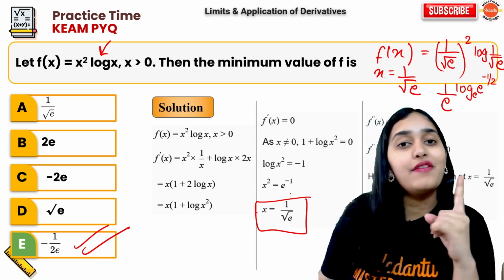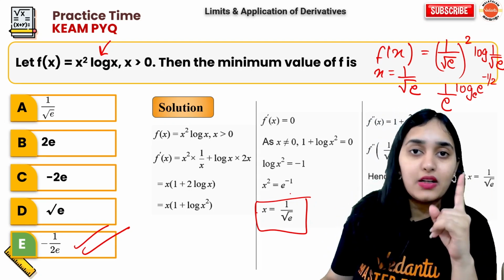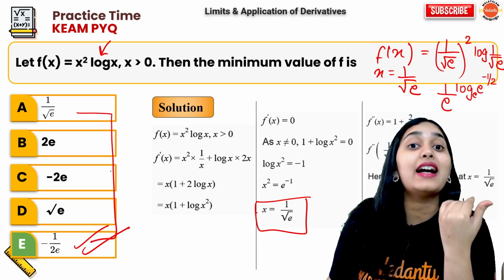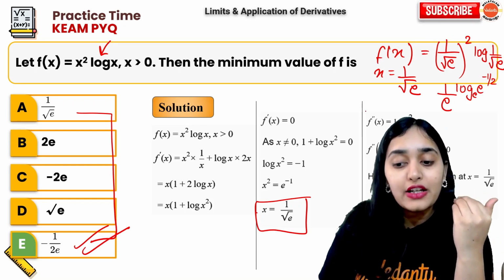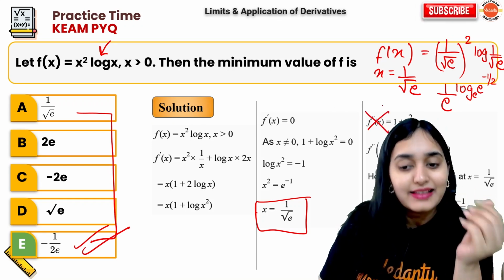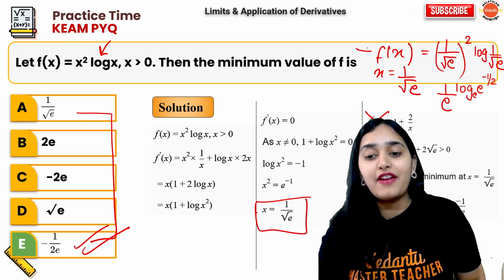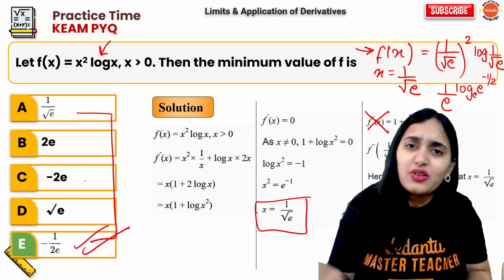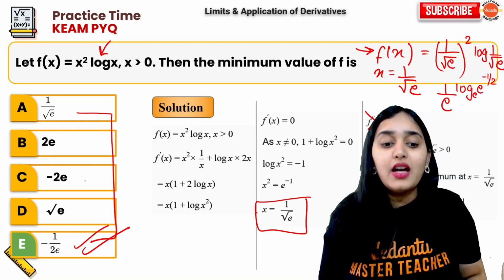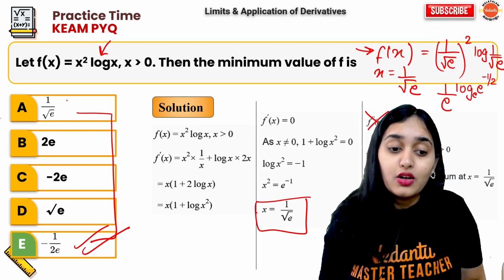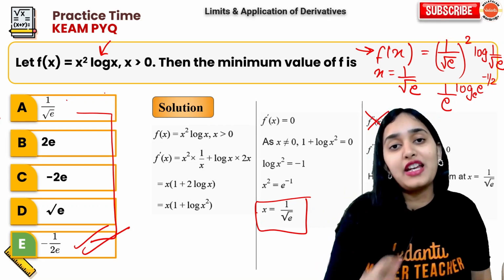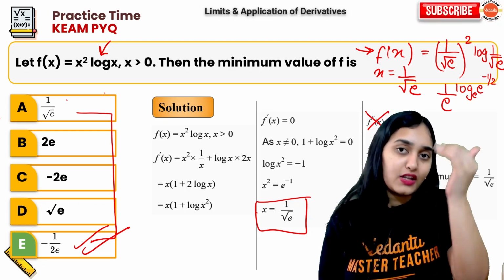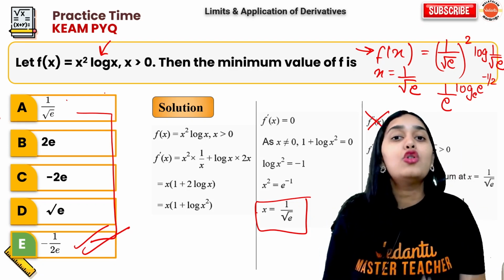If you are getting only one x value, there is no other x, and there is no option saying undefined, then no need to find f double dash x, you directly find fx. Because if there is no option saying undefined, then no need to check whether it is minima or maxima. If there is an option saying no minima point, then only you have to check f double dash x. So you can avoid f double dash x if there is no option saying undefined or no minima value.